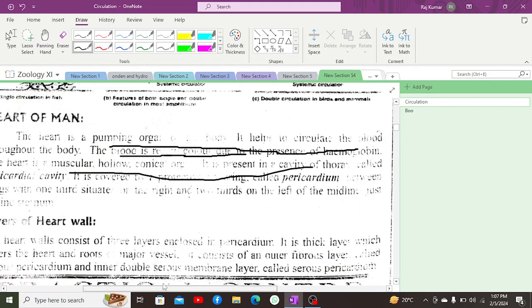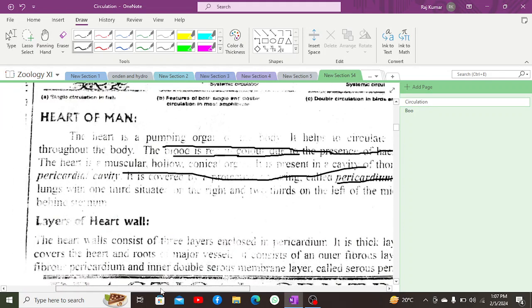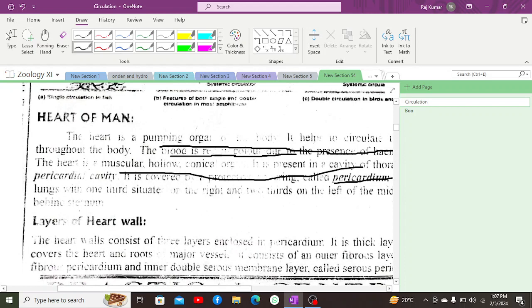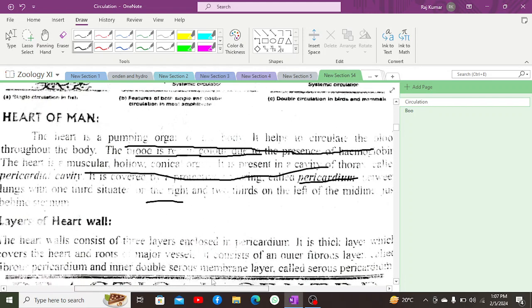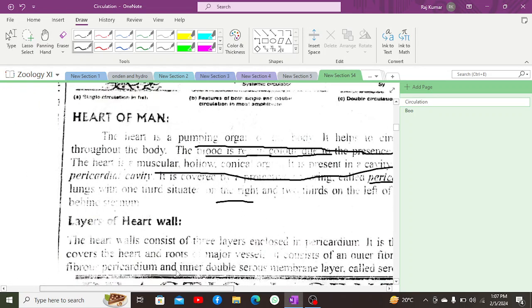It is covered by a prominent covering, which is known as the pericardium, between the lungs, with one third of it situated at the right and two thirds towards the left of the mediastinum. The mediastinum is behind the sternum. This is known as the mediastinum position.